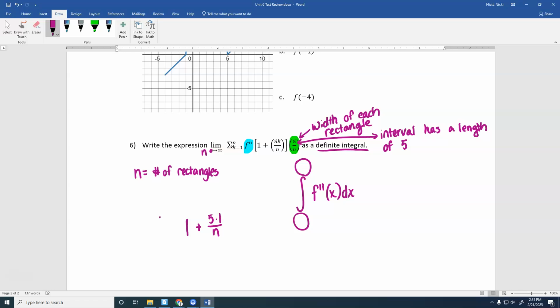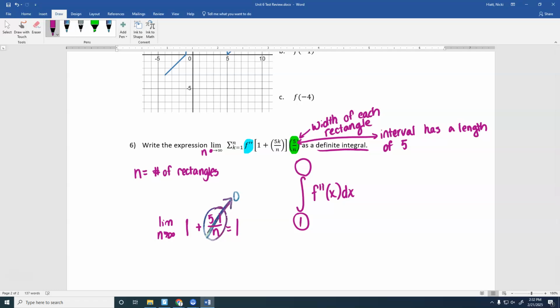And notice that we're doing the limit as n approaches infinity. What am I going to get? I will get 1, because all of this stuff where there's an n in the denominator, that n's going to get bigger and bigger, and that's just going to go to 0. So we'll just get 1. That's your starting number. You're starting at 1.